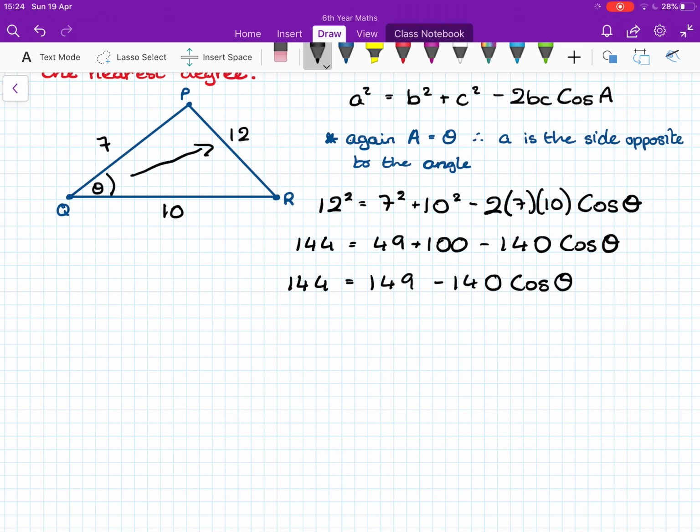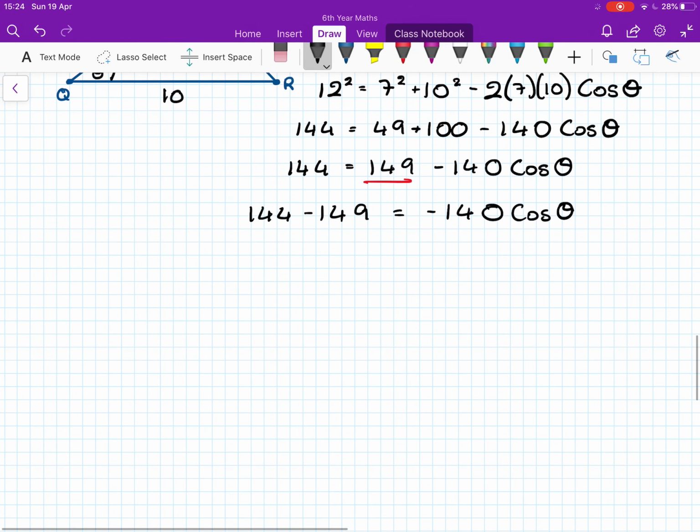Okay, so now what we were trying to do is we want to get that theta on its own. So what I'm going to do is I'm going to bring this 149 over to the right hand side. So it's going to be 144 minus 149, so changing the sign, is equal to minus 140 cos theta. So that's going to give us minus 5 is equal to minus 140 cos theta.